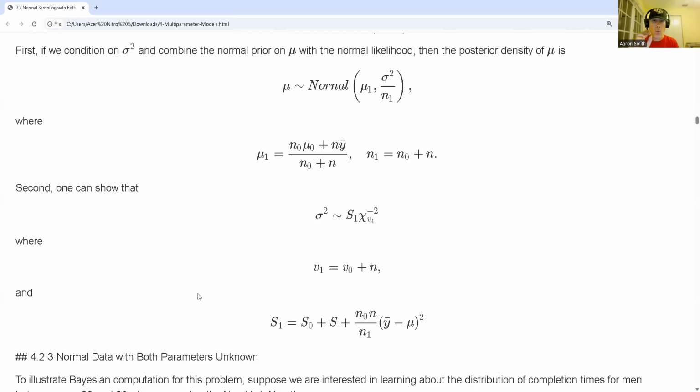Because with these formulas, I actually don't have to do any multiplication. I don't have to do any rescaling. I actually just have to go, hey, what's the mean, variance, and sample size of my prior? What is the mean, deviation, and sample size of my data?